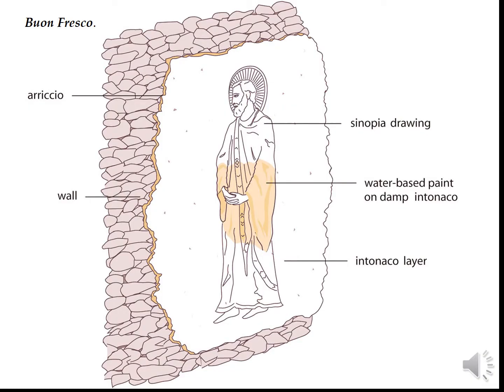The paintings themselves are buon fresco, as we discussed, or true fresco, that being they're painted with wet lime plaster on the wall, where you add a Cimabue drawing and then your final giornata in an intonaco layer, the water-based paint on the damp fresco, which absorbs into the wall as it dries, thus making it incredibly durable and long-lasting because it is part of the wall.